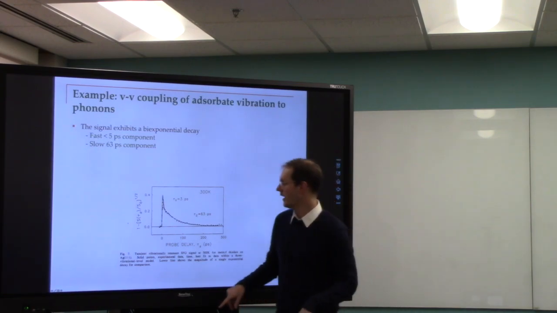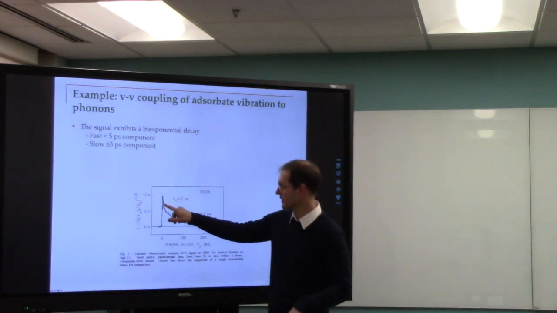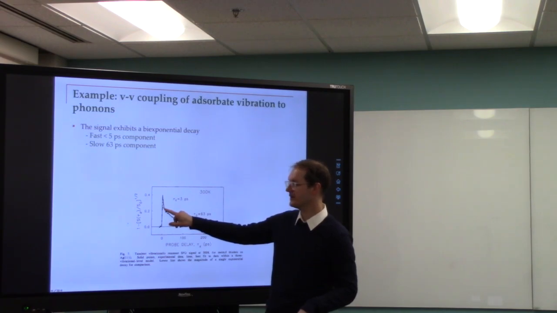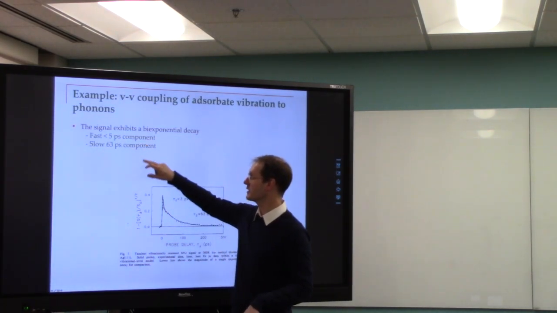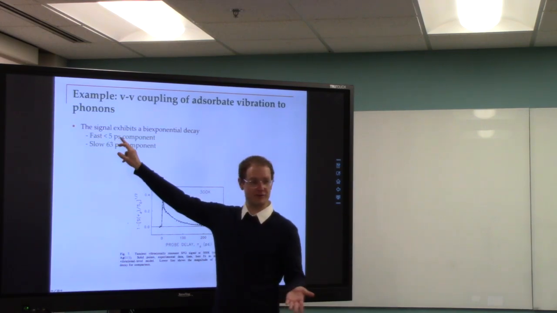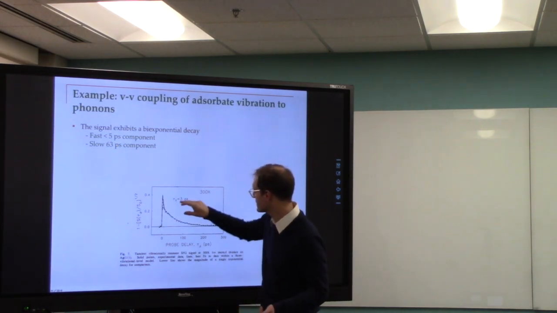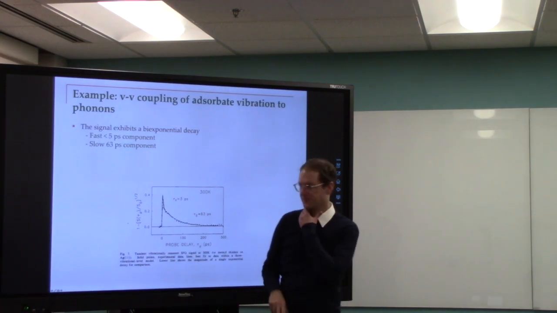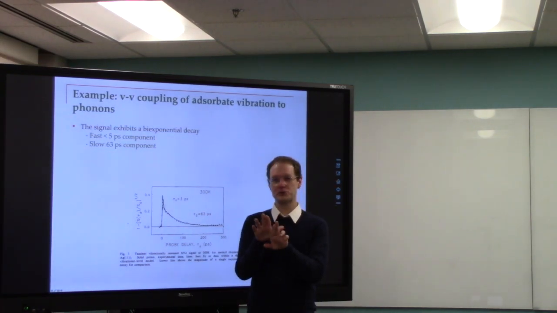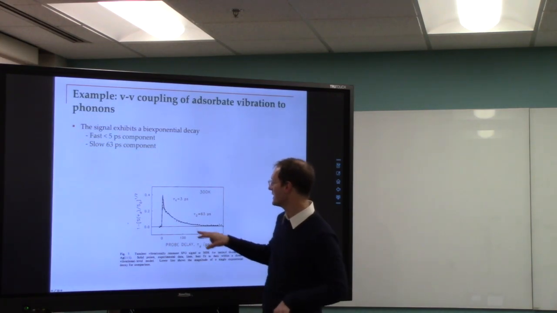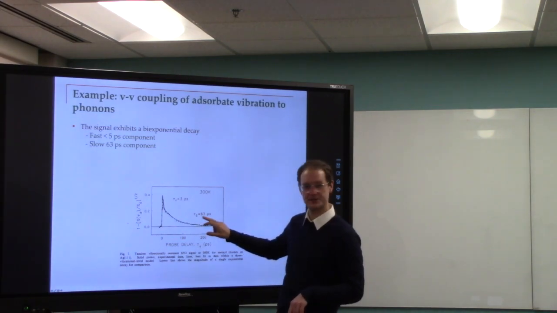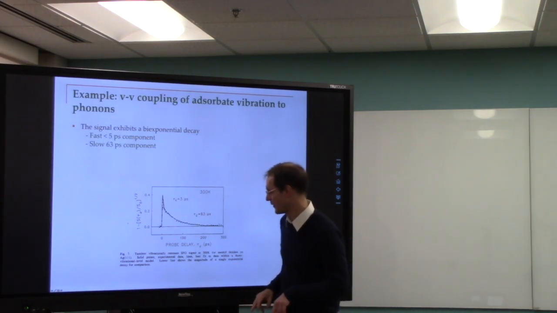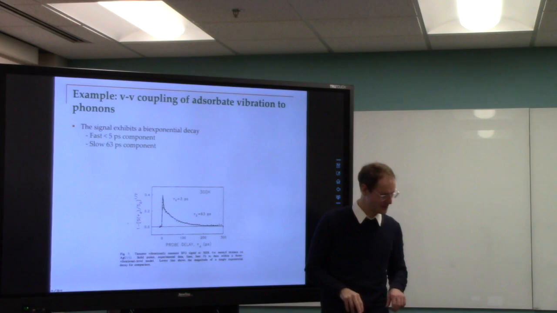The signal that is observed has a bi-exponential decay. It's got a fast decay component that's shorter than 5 picoseconds, right? Here it says it's about 3 picoseconds, so it's almost too fast to measure. It's on the same time scale as the laser pulse. But then it's got a slow decay, which has a time scale of about 63 picoseconds. Okay? And so what is going on here?